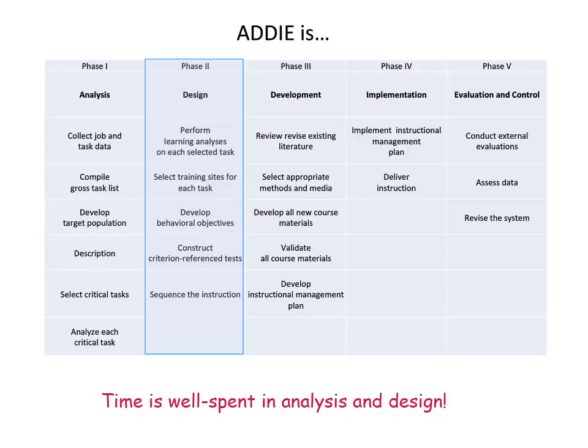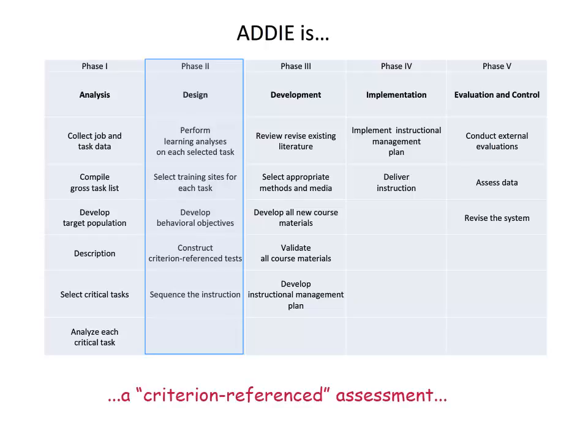During the design phase, each task is analyzed, training sites are selected, clear objectives are determined, and criterion-referenced assessments are constructed. Nothing wrong with the word test, except for all the painful elementary school karma it invokes. Designers prefer the term assessment, because that's what's done.